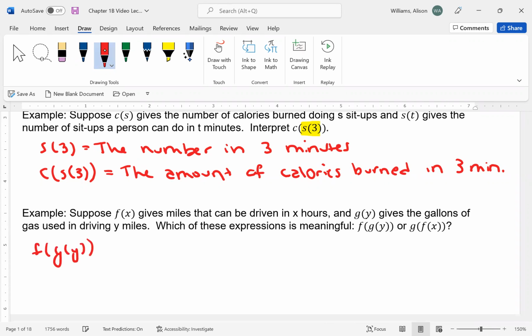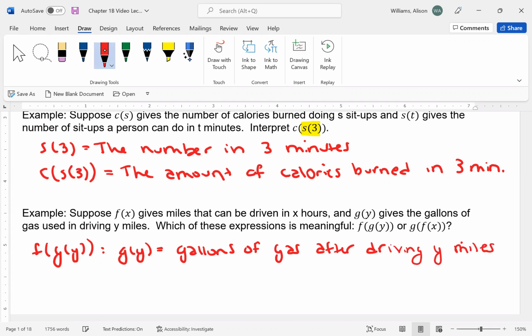G of Y is going to find gallons of gas after driving Y miles, however many miles there are. If I take that result, the gallons of gas, and I try to plug that into F of X, that's a problem. I can't.